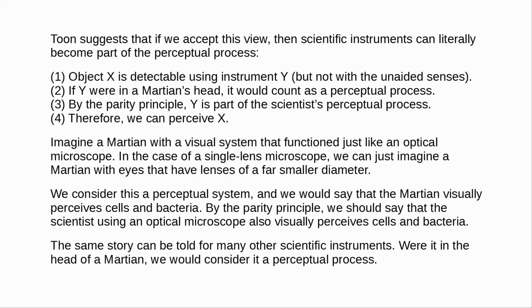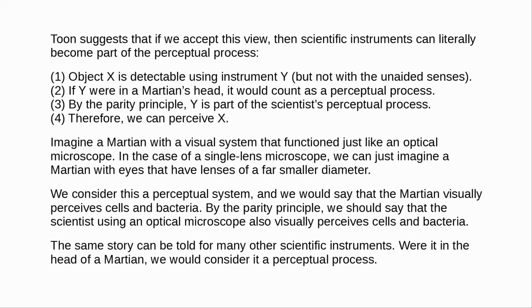Now obviously, the extended mind thesis in general is very controversial. One way to resist this argument that Toon has presented would be to just reject the extended mind in general, or the parity principle in particular. But I'm going to take a different line here. Let's grant that the extended mind hypothesis is correct.